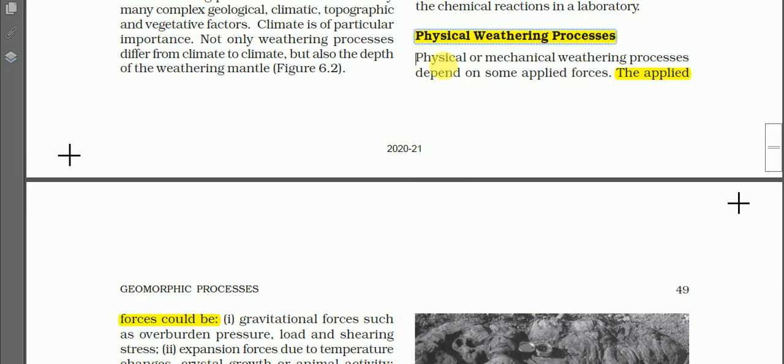Physical or mechanical weathering processes depend on some applied forces rather than chemical reaction.